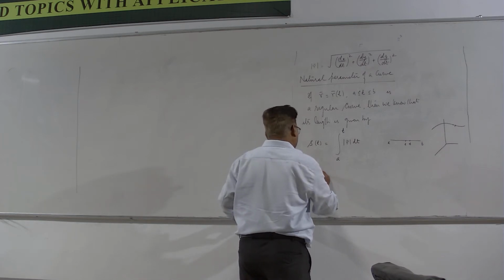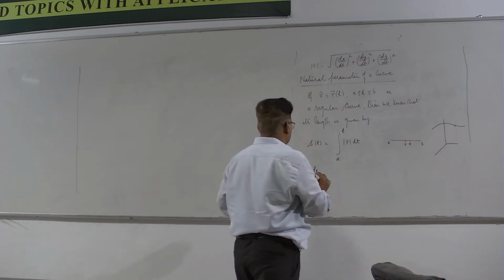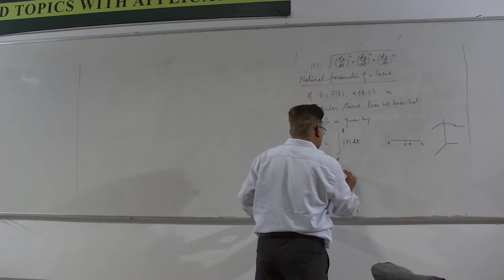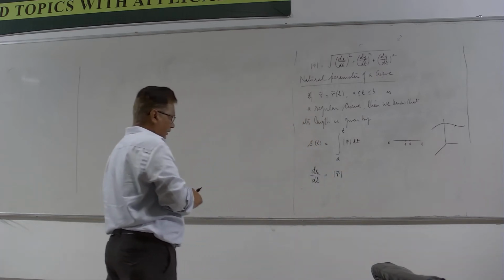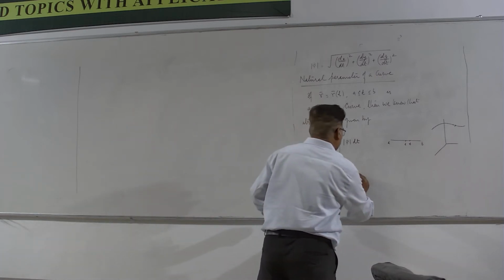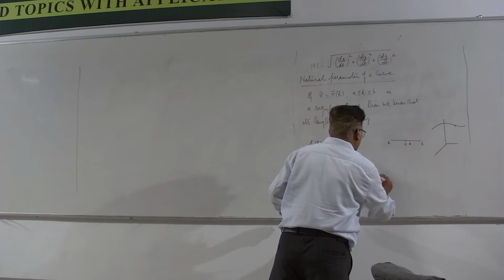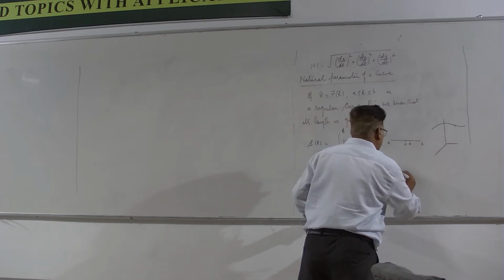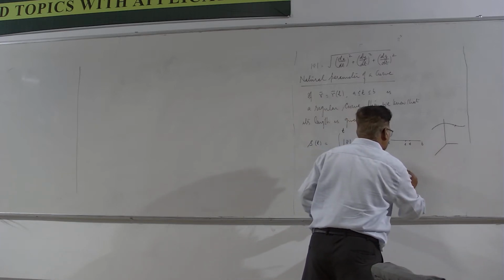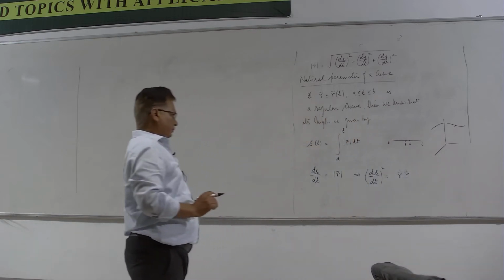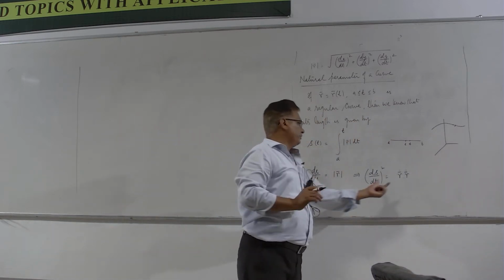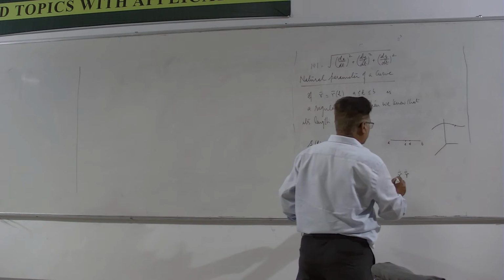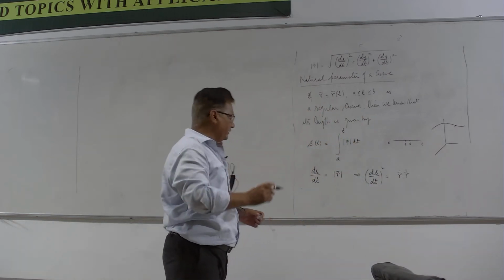So, if I differentiate it with respect to t, ds upon dt will be the modulus of r dot, and this implies that (ds/dt) whole square is equal to r dot dot r dot, because it will be mod of r dot square, which is r dot dot r dot. So, r dot we have seen has components dx/dt, dy/dt, dz/dt.